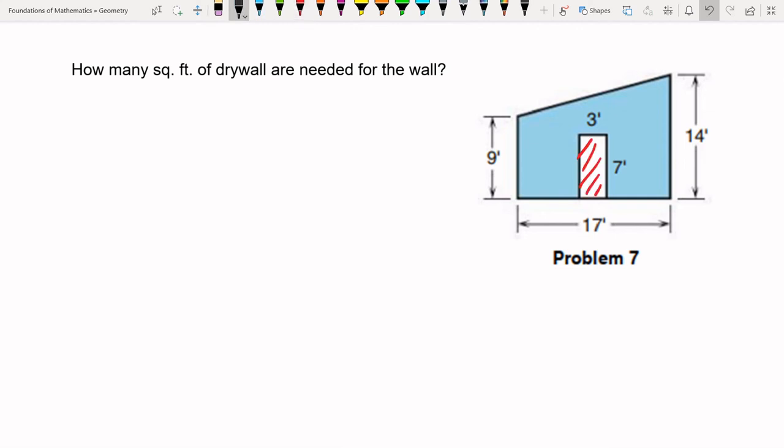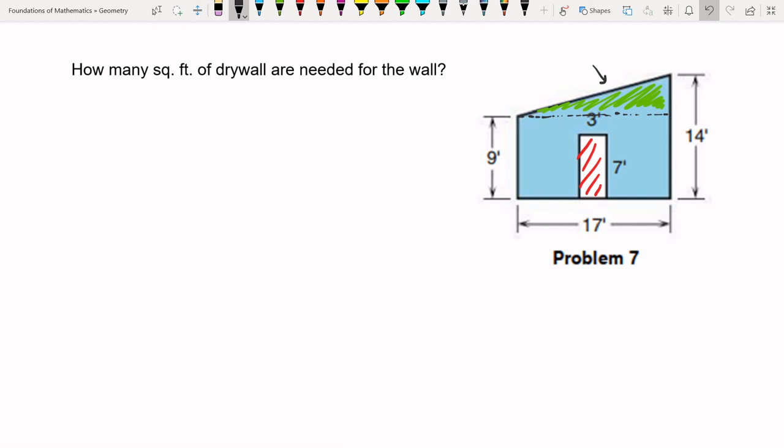And there's actually multiple ways we can do this. What's important to note, though, is that you cut it up into shapes that we do know the area for. For instance, I can cut right along here, and this top part, I could do in green. This is a triangle, and we know everything about the triangle as well.